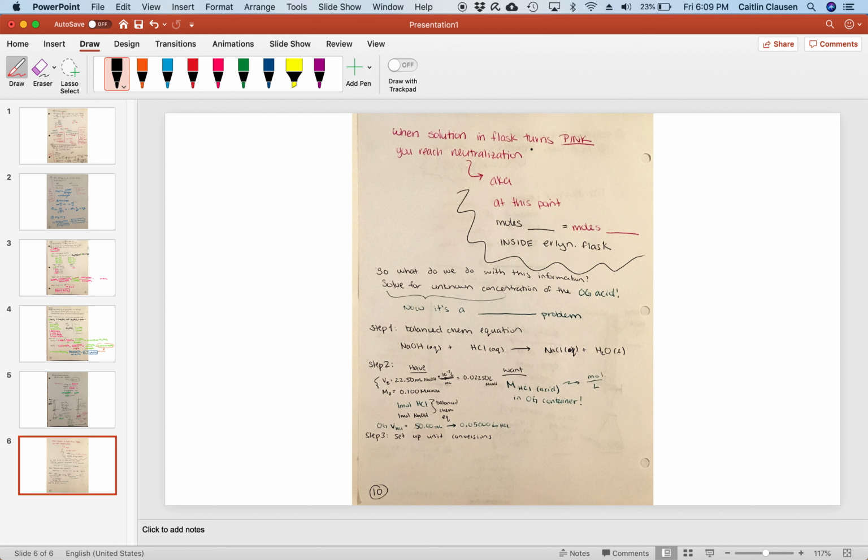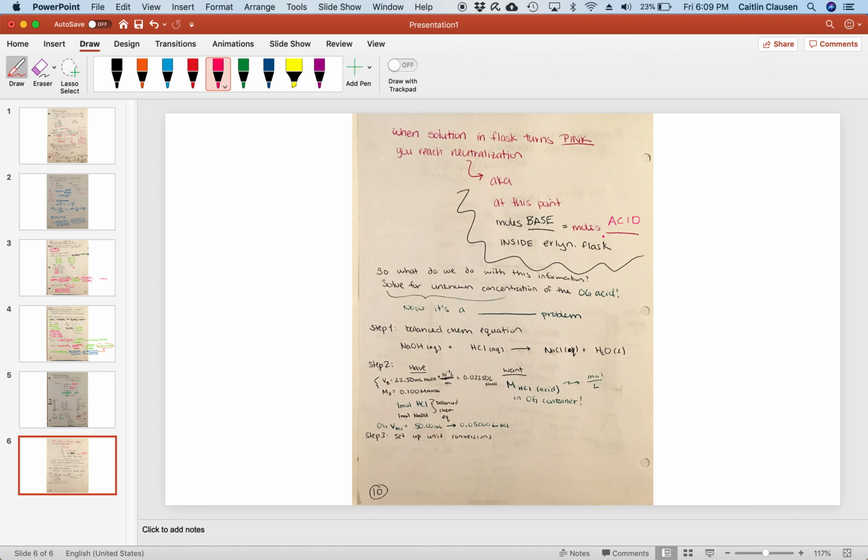So again, when the solution in the flask turns pink, you have reached neutralization. And the neutralization point just means that the moles of base inside the Erlenmeyer flask are equal to the moles of acid. This is important to know because it is an assumption. It's not an assumption, this is actually true.